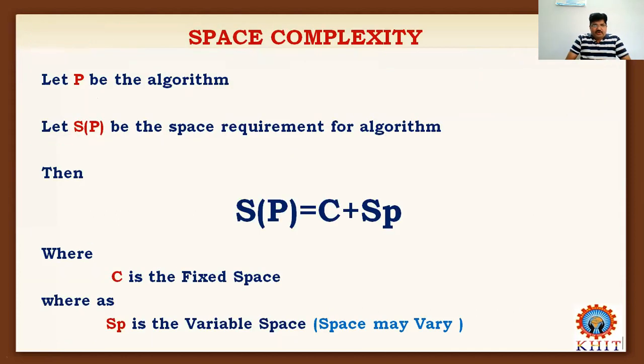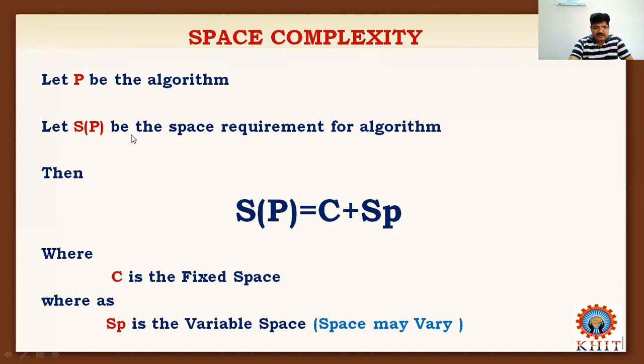So the space complexity formula is S of P equal to C plus S of P. We already discussed this earlier. S stands for space, and what is P here? P is an algorithm. Consider that P is an algorithm or P is considered as a program. And what is S?